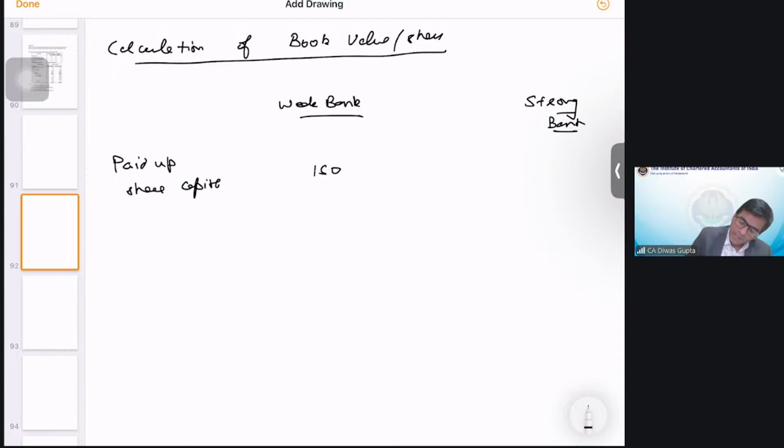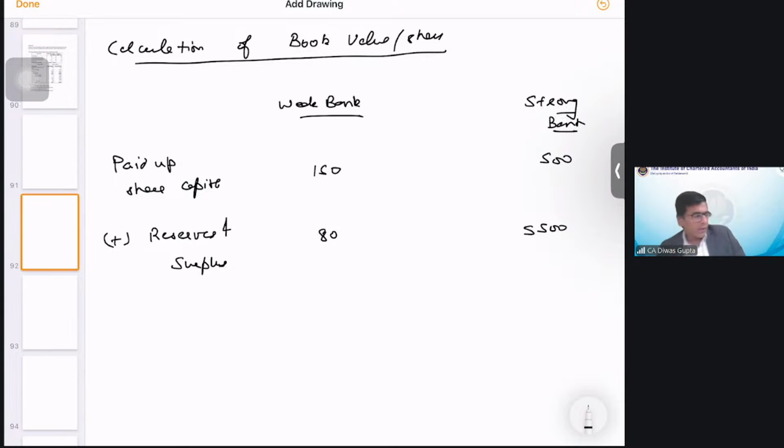Okay. Now paid up share capital, 150 and 500. This is given in the question. Then we will add back the reserves and surplus. So there are two ways to calculate, right? Either we can take the net assets value or we can go from the equity and share capital value itself, right? So equity plus reserves and surplus, which is 80 here and here it was 5500.